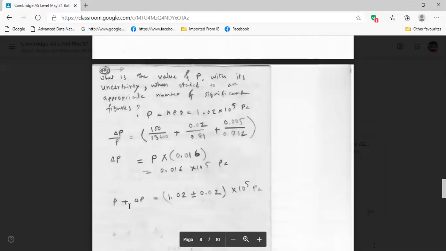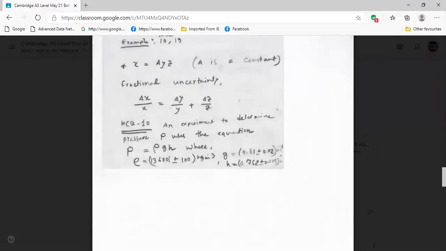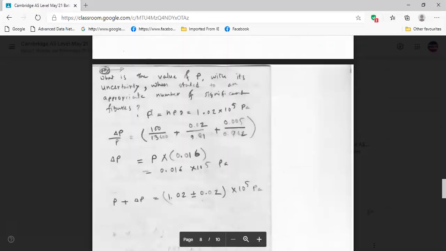To get the value of P, we only take the measured values: 13,600, 9.81 and 0.762. If you multiply them using this formula, you will get only P. P equals rho g h, that is 1.02 times 10 to the power 5. I calculated all together, then I got this one.